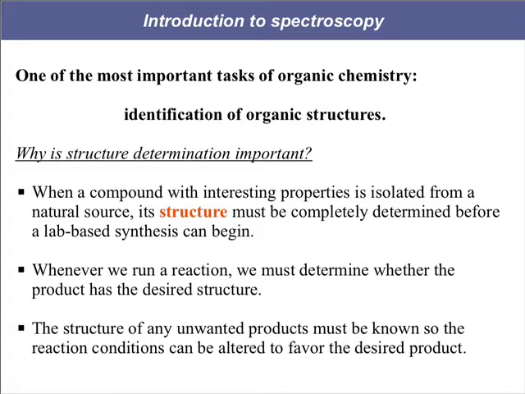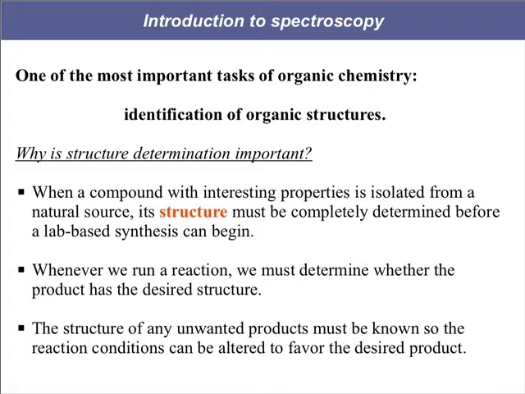So, when a compound with interesting properties is isolated from a natural source, let's say when we figured out that penicillin is a useful antibiotic that's produced in mold on bread, we want to figure out what the structure of the molecule is so that we can make it in a lab. Eventually, we're going to want to stop having to harvest mold from bread if we want to make penicillin.